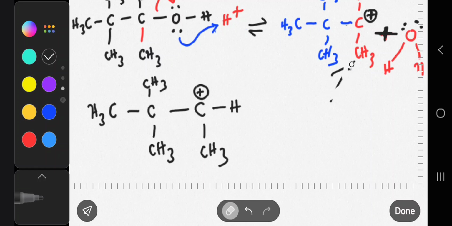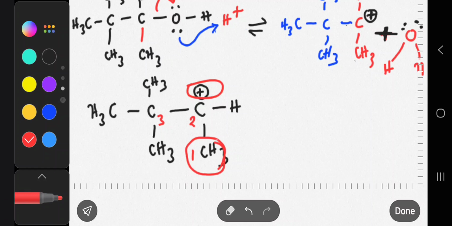Once I'm done with that, now we have to look at the position of this positive charge. This is one carbon here, this is 2 carbon, this is 3 carbon. Now this carbon is called a primary carbon, because it's attached to one alkyl group, and the alkyl group is this.